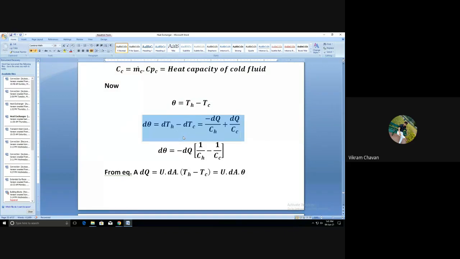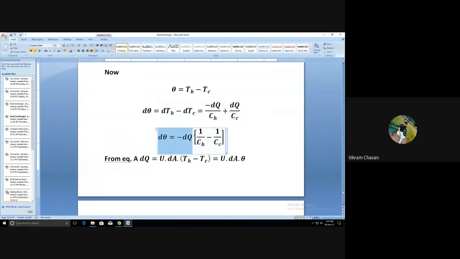Then if you take the common minus dQ, then d theta will be equal to minus dQ inside bracket 1 upon Ch minus 1 upon Cc. And from equation A, we know dQ is equal to U multiplied by dA multiplied by theta, where theta is nothing but Th minus Tc.